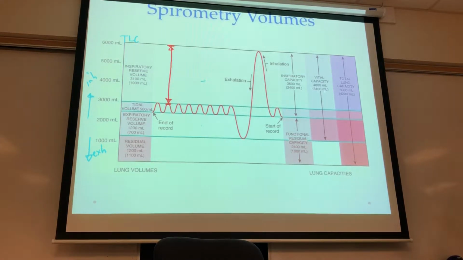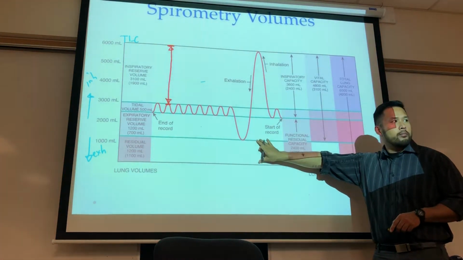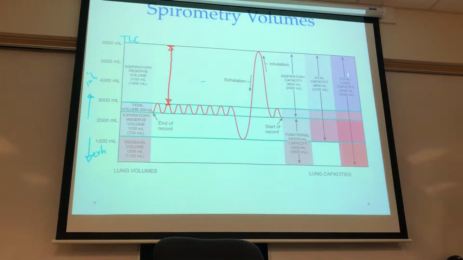That vital capacity is usable airspace. It's the capacity that's vital to life. And if we take vital capacity and add the residual volume, that's going to equate to our total lung capacity.